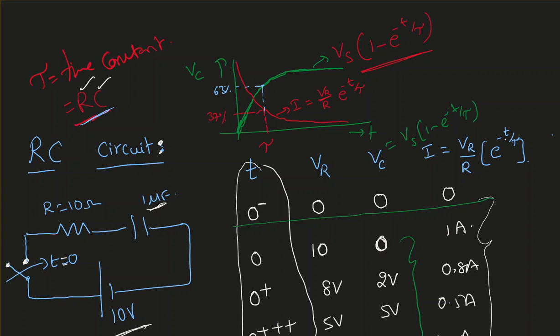If you substitute t equal to say 2 seconds, with tau going to be in microseconds, this value is probably close to 0, so I equals 0. So these are the formulas for VC, the voltage drop across the capacitor, and the current passing through the RC circuit.